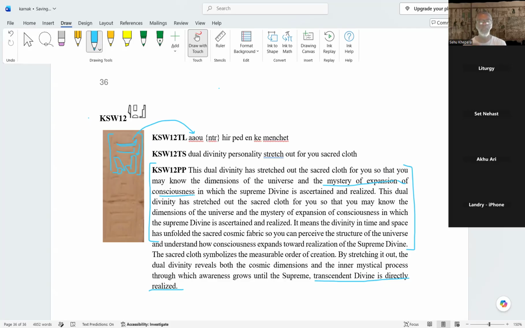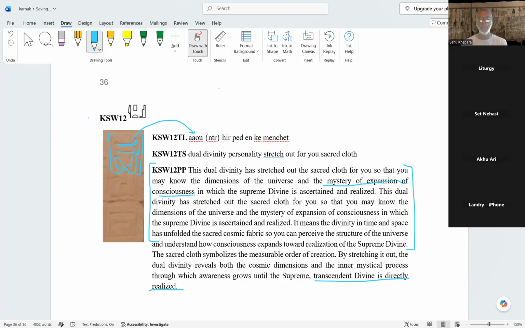And so this mystic process that Jehuty has taken us on culminates in line 12 with a cautionary tale. The cautionary tale is you need your dual divinity to stretch you out, to expand you, to cause you to go through the mystic process.